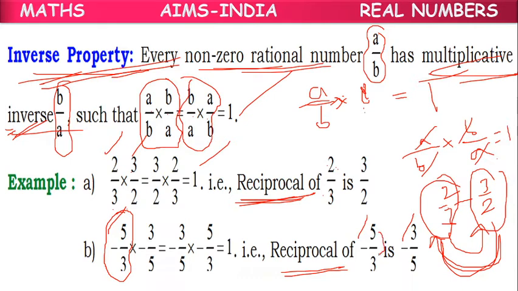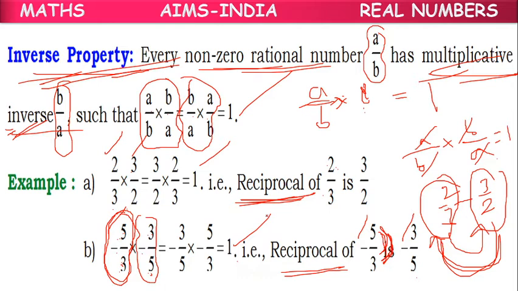But 5 by 3 will change places and become 3 by 5. Minus 5 by 3 is a negative rational number, so its reciprocal also will be negative. Only numerator and denominator change. Minus into minus, positive. 5 gets cancelled, 3 gets cancelled. The answer is 1.